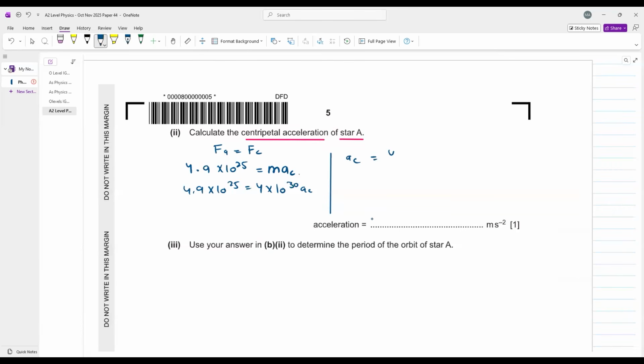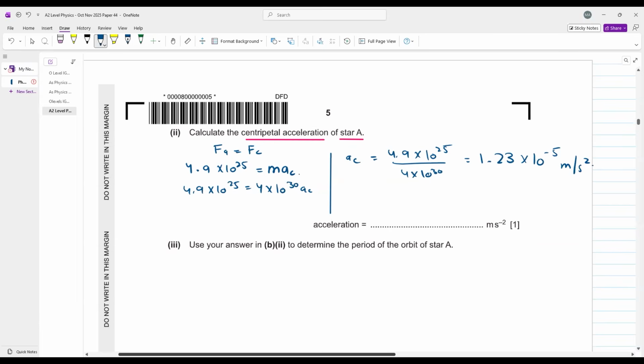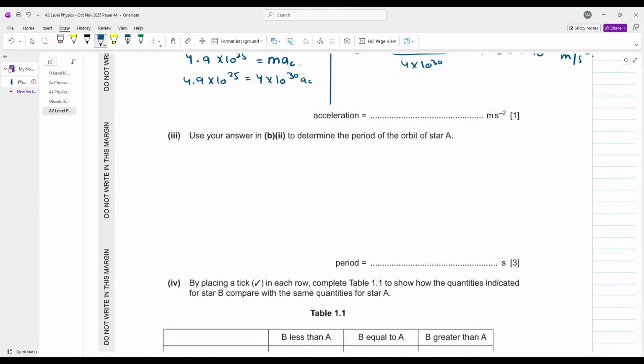Centripetal acceleration is 4.9 into 10 raised to the power of 25 divided by 4 into 10 raised to the power of 30, which comes out to be 1.23 into 10 raised to the power of minus 5 meters per second square. Always remember, you can give your answers to two or three significant figures, there is no one stopping.